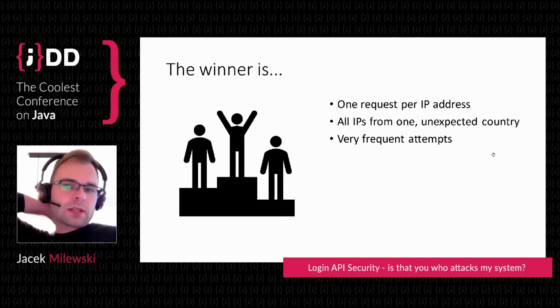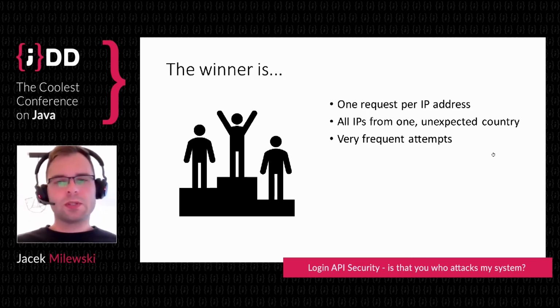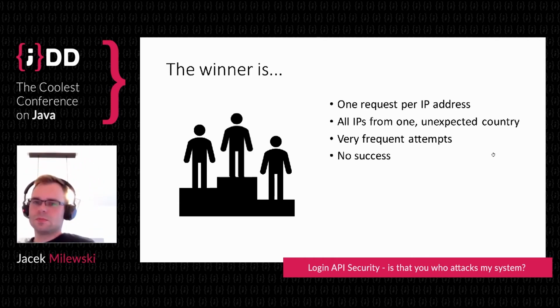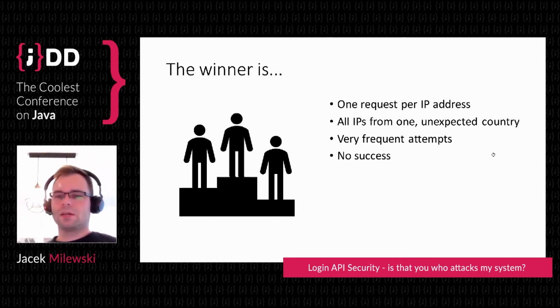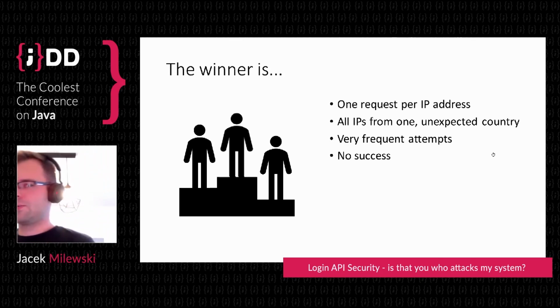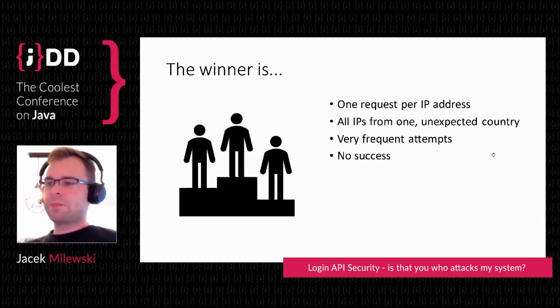So it was easy to detect, and still he made a lot of very frequent attempts. So we had a traffic spike. Well, he paid a lot for this botnet network. However, he did not breach any account. So it doesn't always mean that if you buy a bigger network, then you will succeed, right? The clue is to have a good credentials database that you will train against the system being attacked.